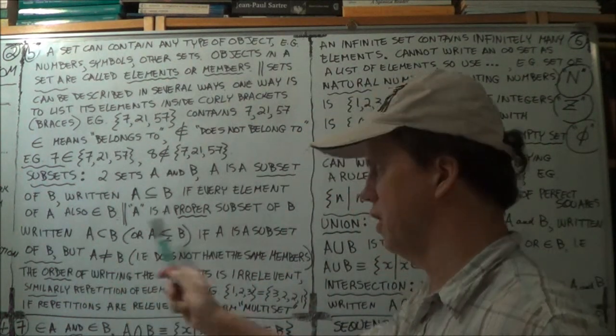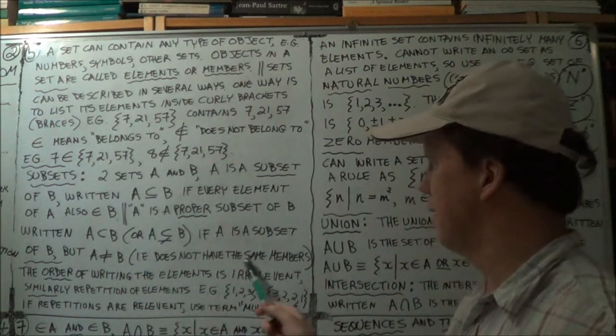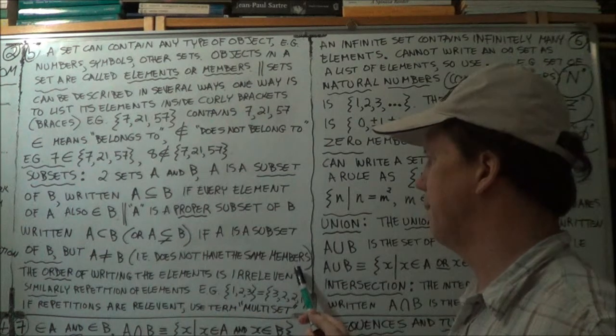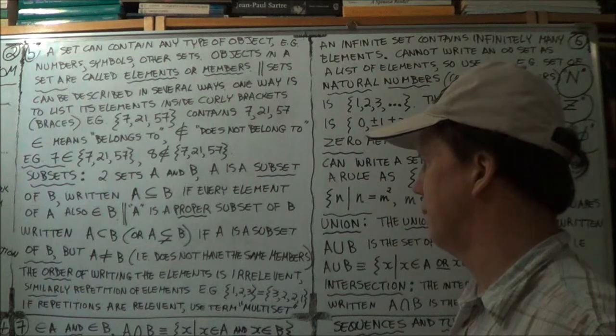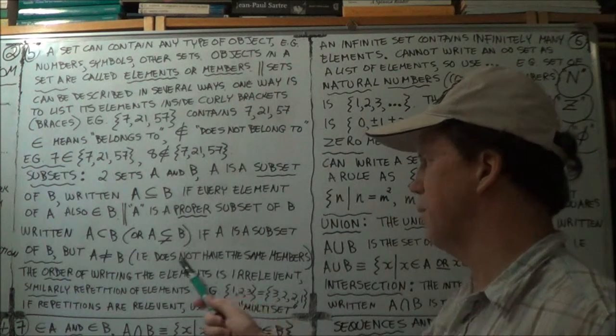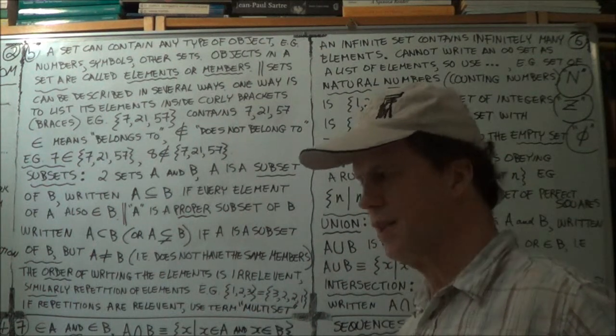That's the formal definition of A as a proper subset of B. In other words, it doesn't have the same members. That's a bit ambiguous, meaning it has fewer members.